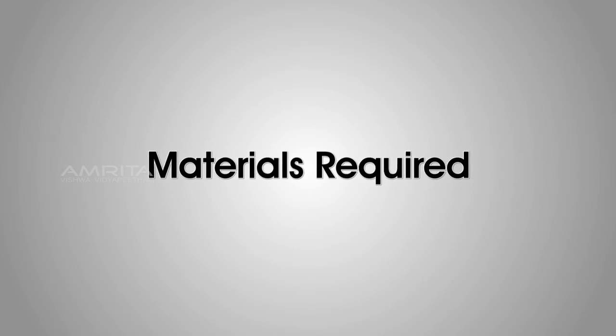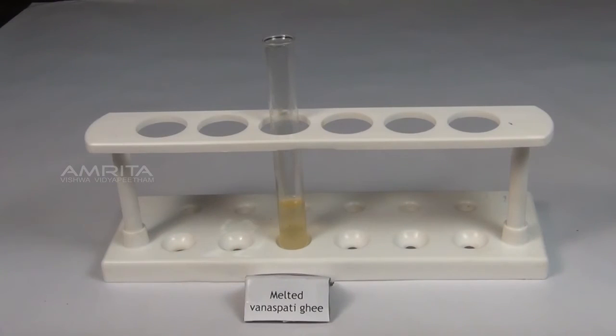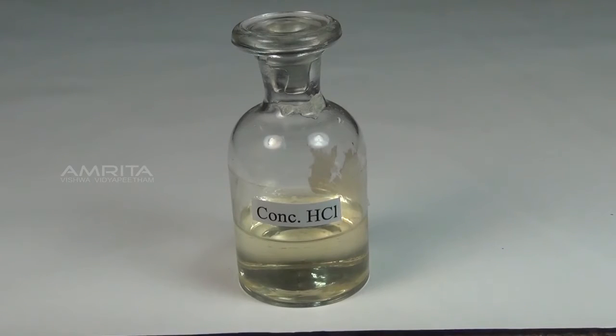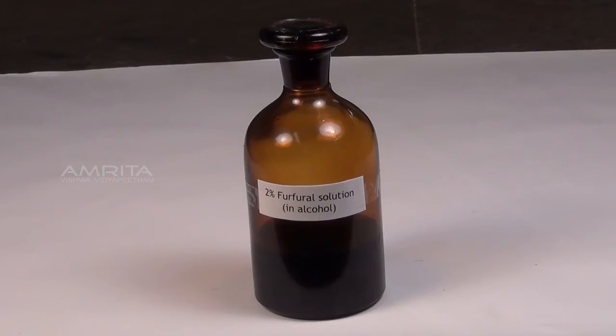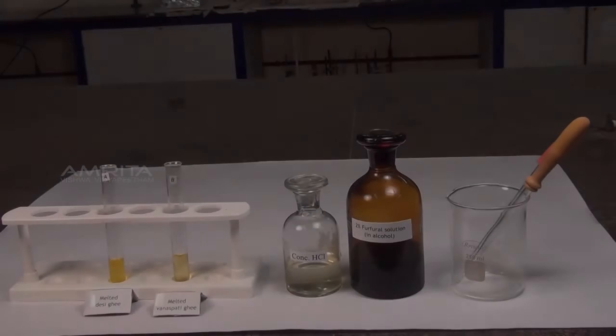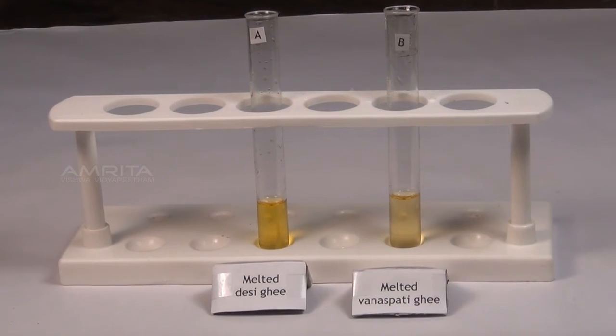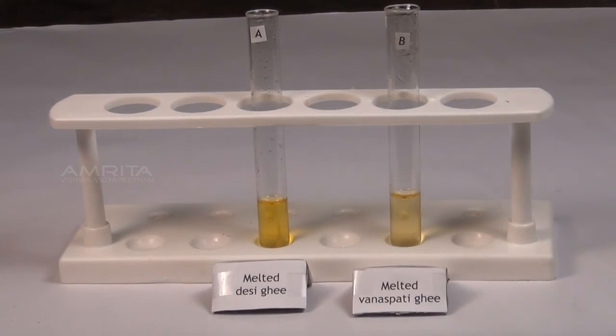Bothway test. Materials required: melted desi ghee, melted vanaspati ghee, concentrated hydrochloric acid, 2% furfural solution in alcohol, test tubes and droppers. Procedure: take a small quantity of melted desi ghee and melted vanaspati ghee in 2 test tubes A and B respectively.